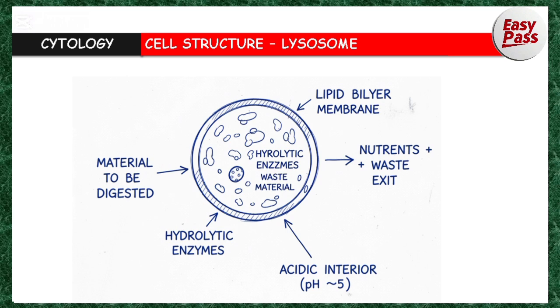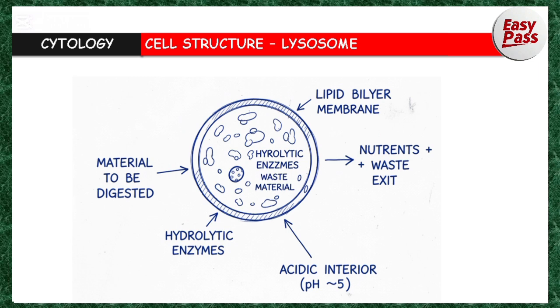These enzymes could also help in breaking down the cell itself, and hence lysosome is sometimes referred to as the suicide bag within the cell. It could break down the cell, or it could help in breaking down other substances for recycling within the cell. Some scientists believe that the Golgi complex actually forms the lysosome because it is a small vesicle containing hydrolytic enzymes.